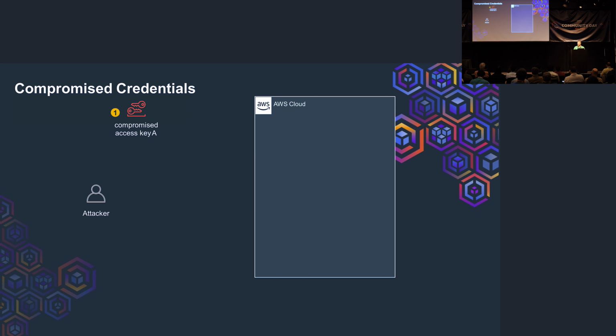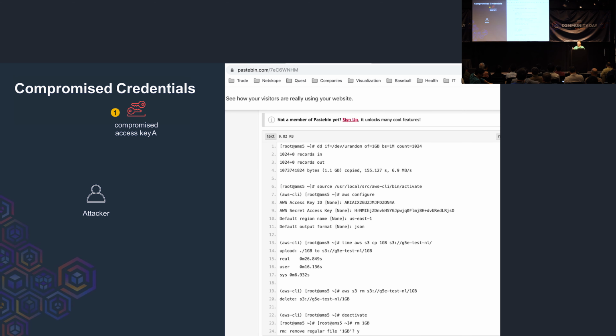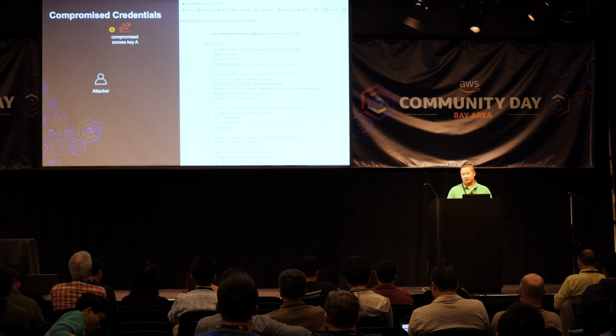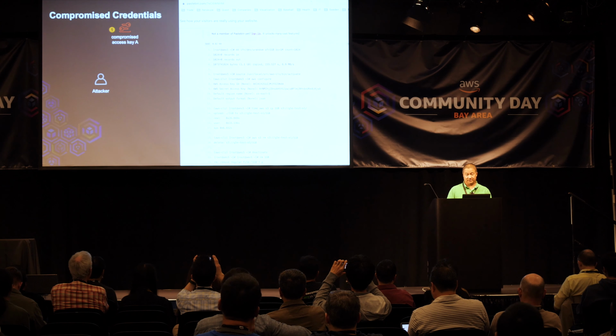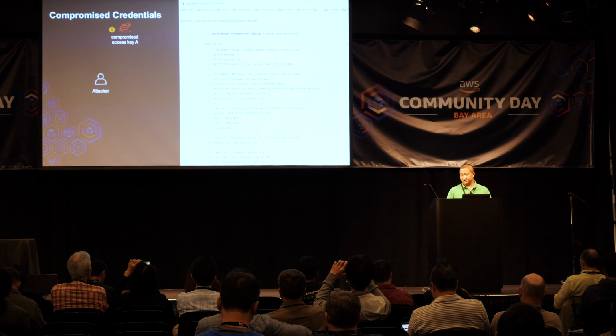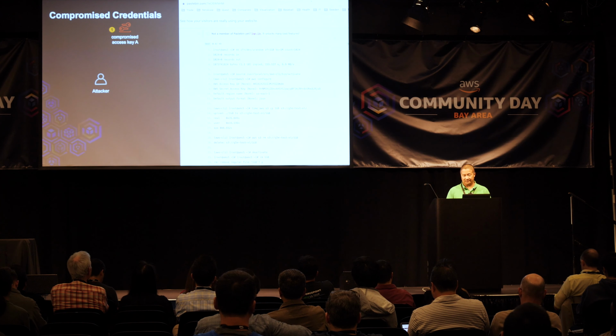So let's start at the beginning. Compromised keys or access keys. Let's assume I go to Pastebin, do a search, find an access key. I think that's reasonably realistic. Could be on Gist. One of your developers might have checked it in and uploaded it to GitHub. Or we could go old school, and maybe I compromise your endpoint and steal your credentials that are just in a credentials file because you use the AWS command line, right?